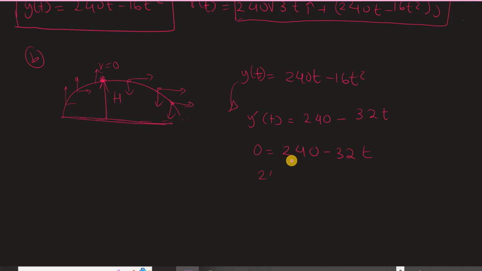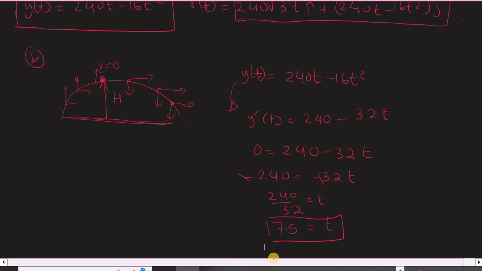Now we calculate for the time. So if you do this correctly, just 240 divided by 32, then t is equal to 7.5. Okay, I guess it looks like 75. Let me just rewrite it. 7.5.